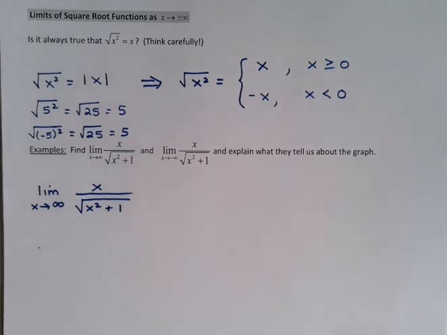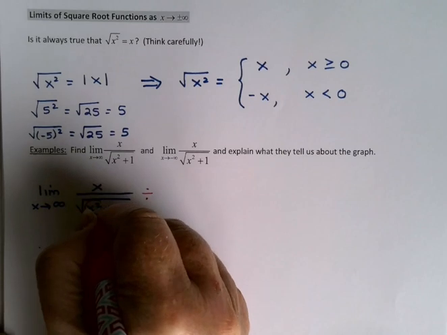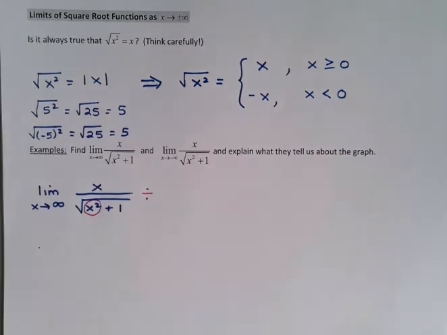I'm going to start by borrowing the same technique that we were using with rational functions, dividing by the highest power of x in the denominator. In this case, the highest power of x in the denominator would be that x squared, but it's under a radical.